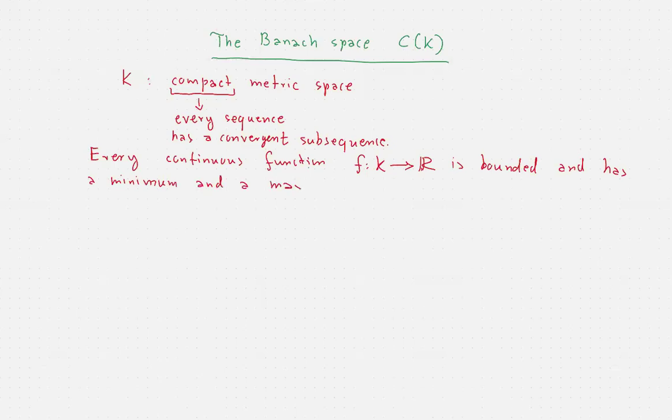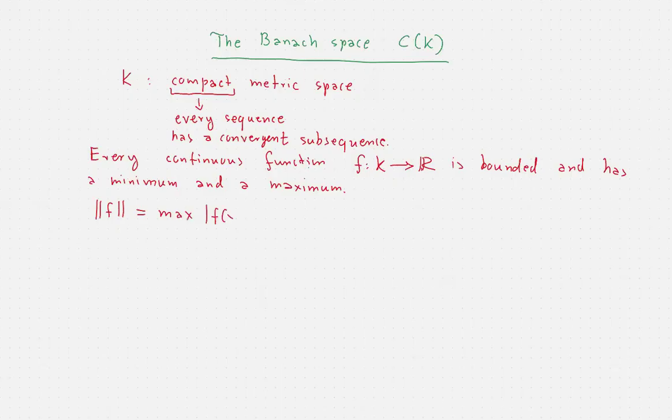So obviously continuous functions on such a metric space form a vector space. And on this vector space, we consider the so-called uniform norm, which is the maximum of the absolute value of f of x for x in K.